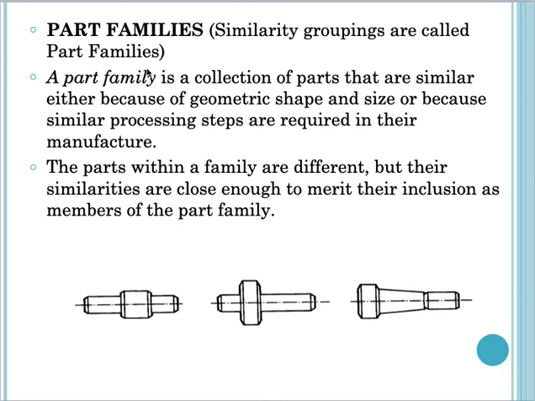While the processing steps required to manufacture a part are usually correlated with the part's design attributes, this is not always the case. Accordingly, classification and coding systems are often devised to allow for differences between part design and manufacturing. Whereas a part classification and coding system is required in a design retrieval system, it can also be used in computer aided process planning.